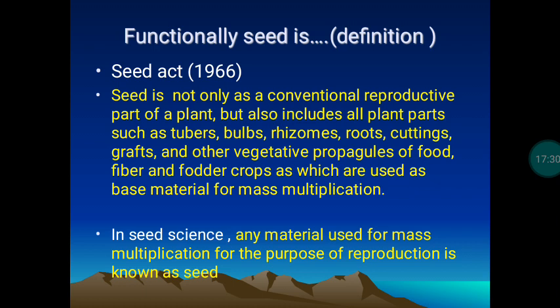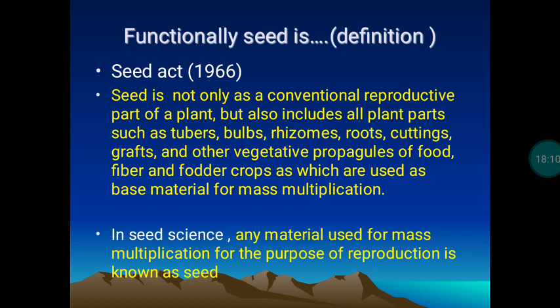Based on the Seed Act, the definition for seed is not only the conventional reproductive part of a plant, but also includes all plant parts such as tubers, bulbs, rhizomes, roots, cuttings, graft, and other vegetative propagules of the food, fiber, fodder crop, which are used as base material for mass multiplication. In short, the Seed Act includes all the materials used for propagation purpose; they are considered as seeds.